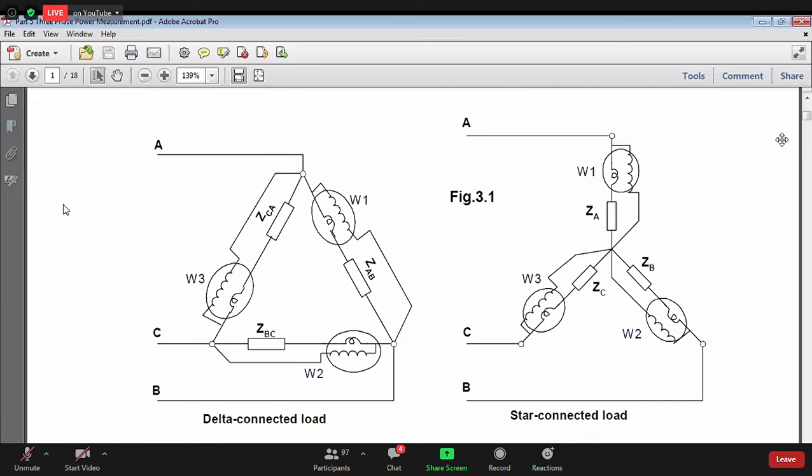In a three-phase circuit, the total power is always the sum of the phase powers. You should not use the formula root 3 VL IL cos phi in an unbalanced circuit because that is not valid. So we have to use the basic formula that total power is the sum of A phase power, B phase power and C phase power.